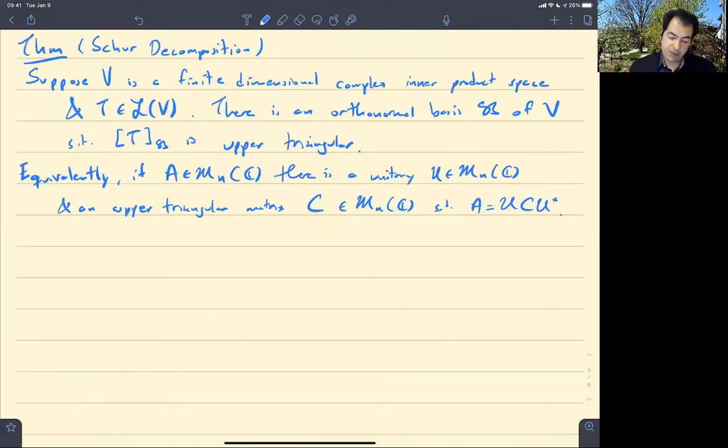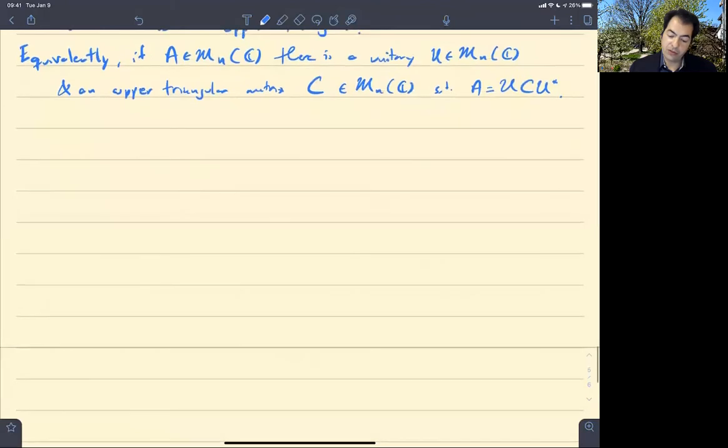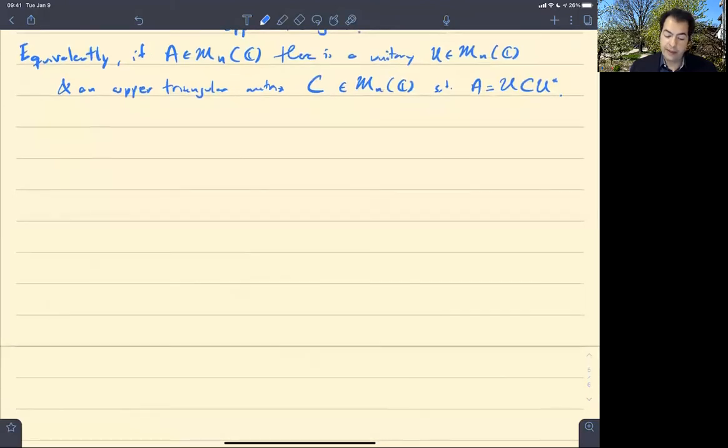Okay, so every matrix with complex entries is similar to an upper triangular matrix. That we already knew, but now we know that it's similar with a unitary change of basis matrix.